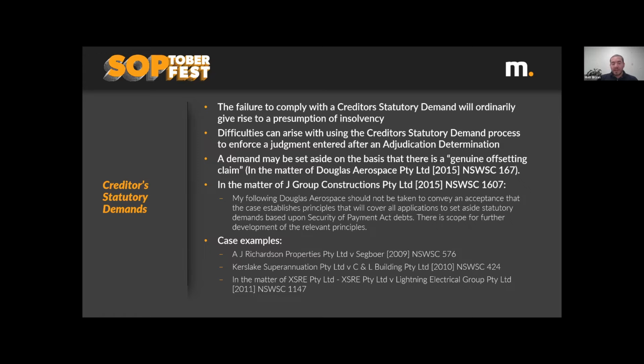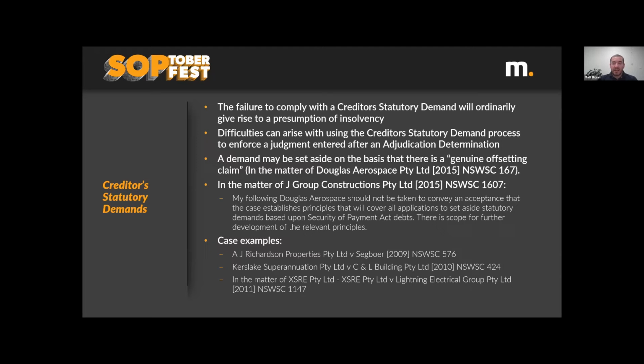Pretty much straight away after the determination was handed down, the respondent commenced proceedings seeking orders in relation to the alleged multi-million-dollar overpayment. That happened on about the 19th of March, so two or three weeks after the adjudication determination was handed down.